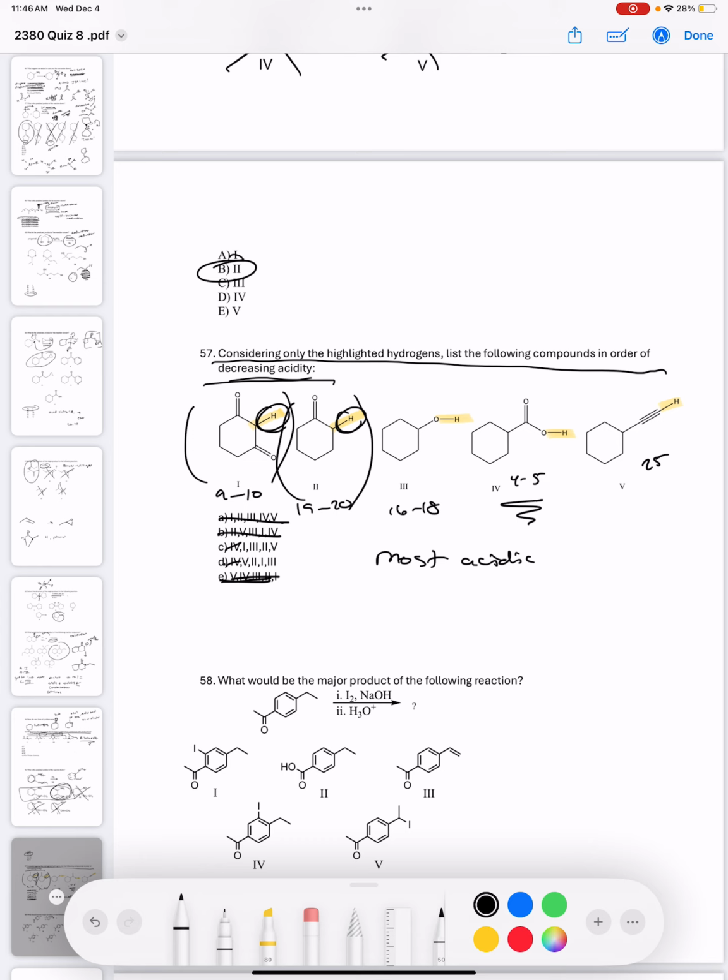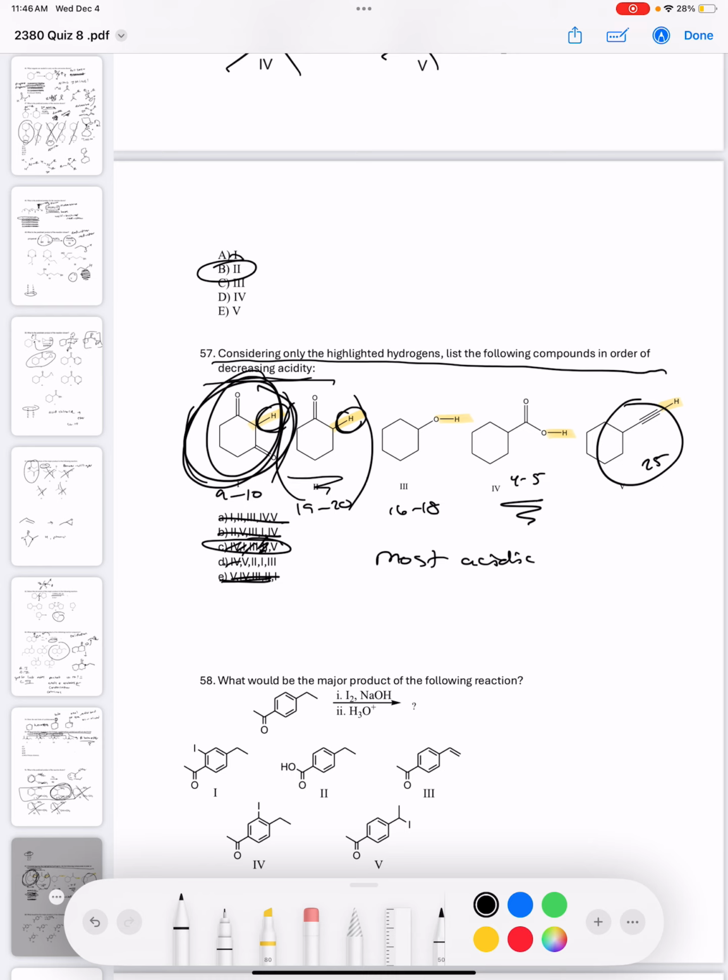So do you know that this is more acidic than this? If yes, then answer choice C would be right, because 1, and then the next is 3, which is 16 to 18, and then the next is 2, 19 to 20, and then the least is 25.